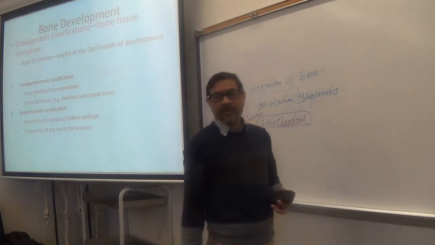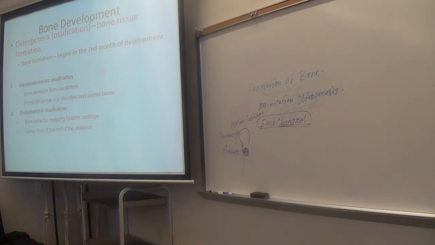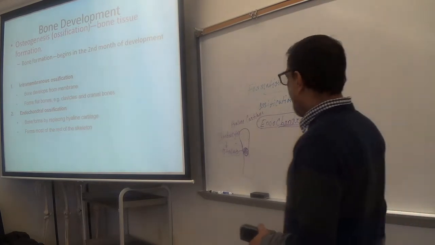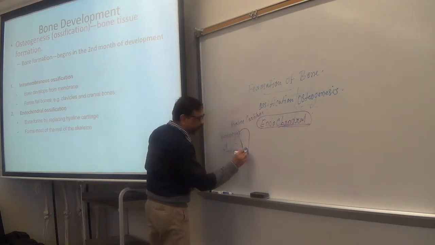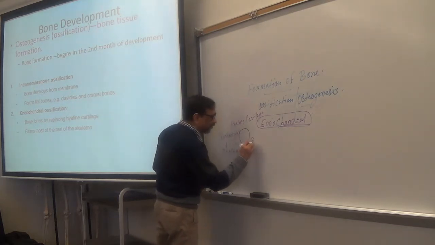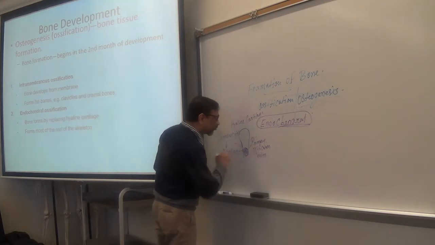So some chondrocytes will become osteoblasts in the center of the hyaline cartilage, and that area is called primary ossification center. Okay.